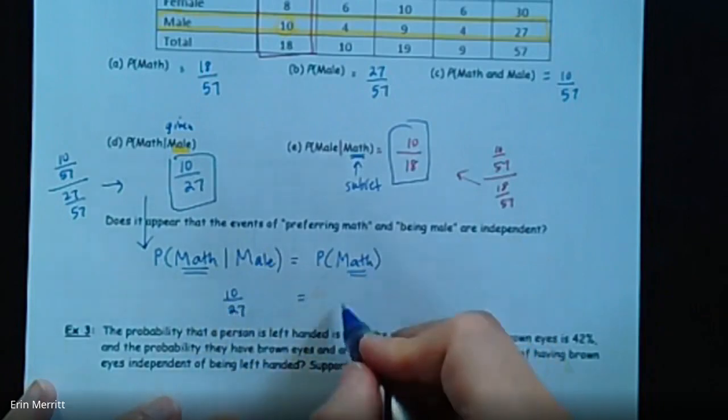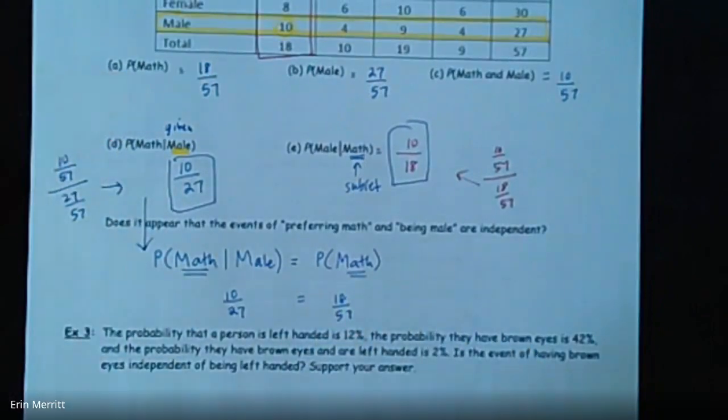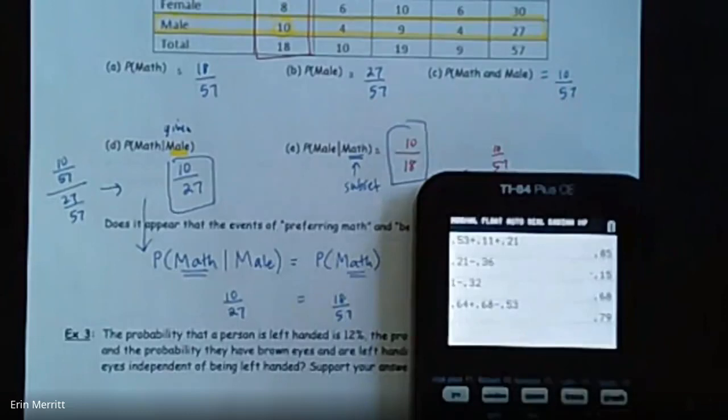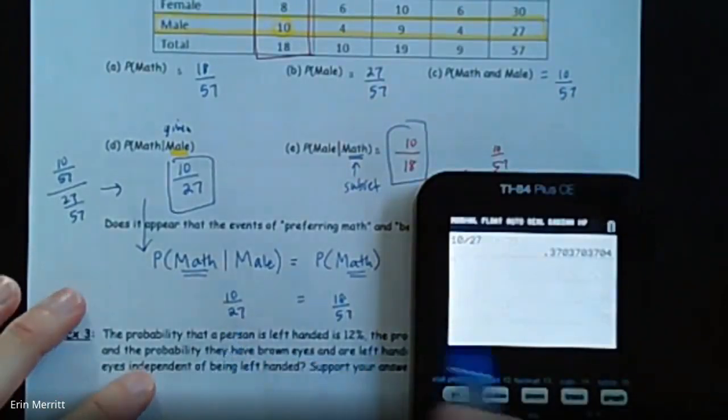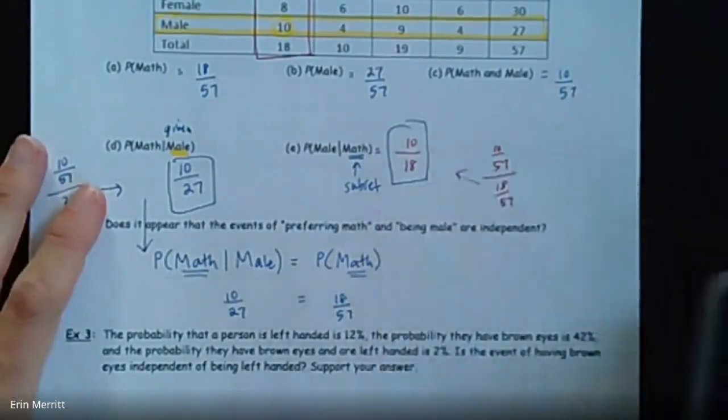The probability that you like math was 18 out of 57, so I'm just stealing that answer from up here. To really compare them, turn them into decimals. 10 out of 27 is about 0.37, and 18 out of 57 is 0.315. So they're close, but they're not exactly the same. Those are not equal to each other.